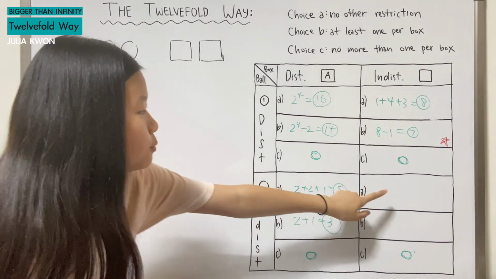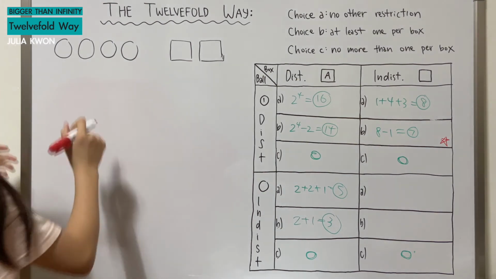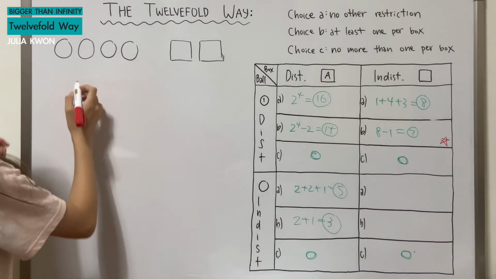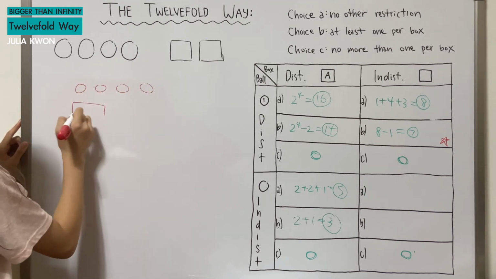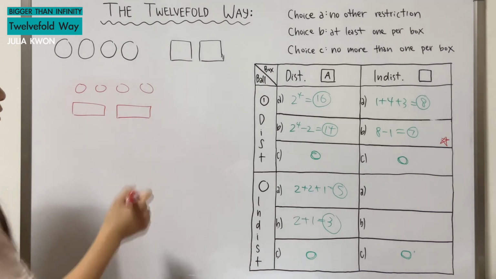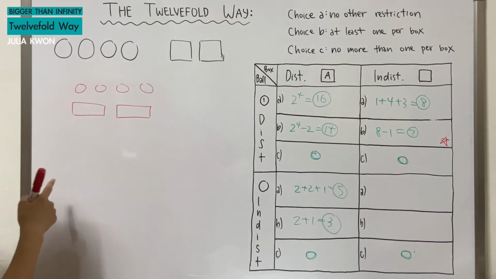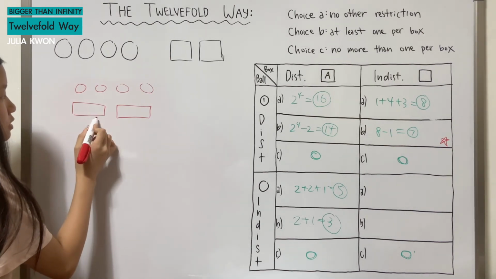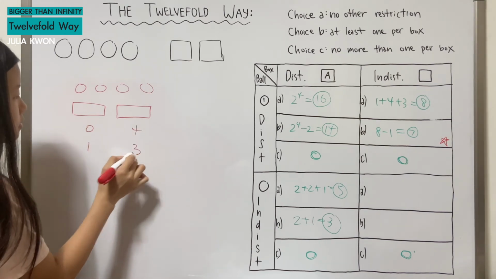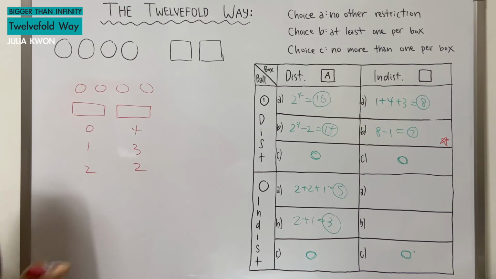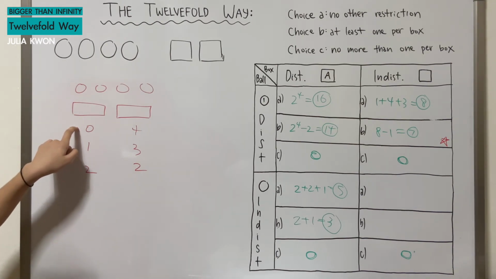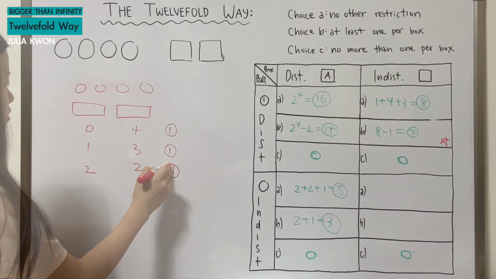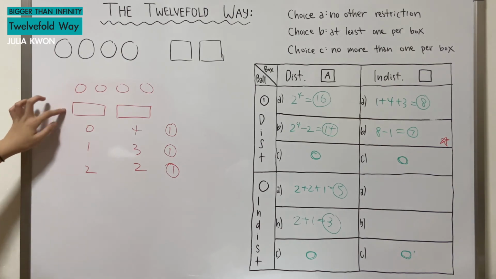And now we have this column, where both the balls and the boxes are indistinguished. And there are no restrictions. And here we're also going to write out the arrangements. 0 balls in this box, 4 balls, 1 ball, 3 balls, 2, 2. And these are all just 1, 1, 1, because they are both indistinguished.